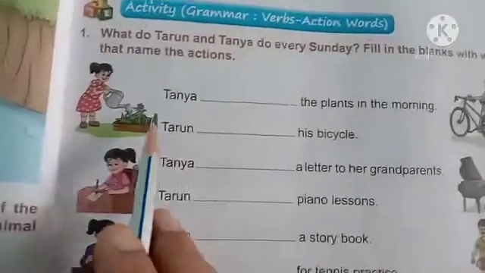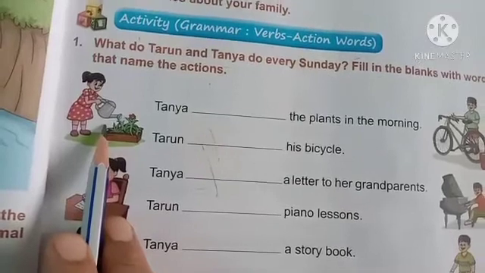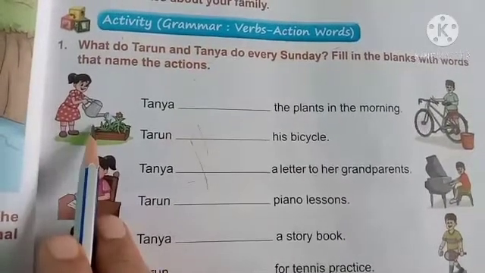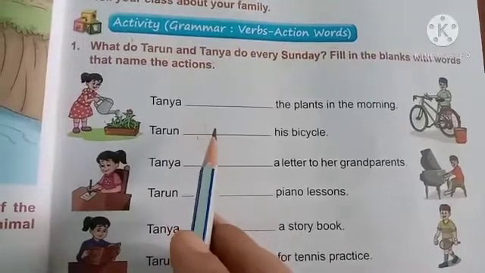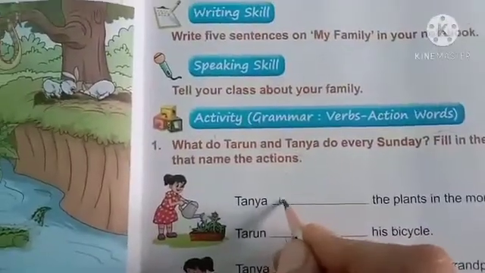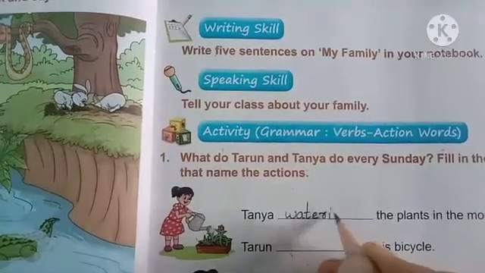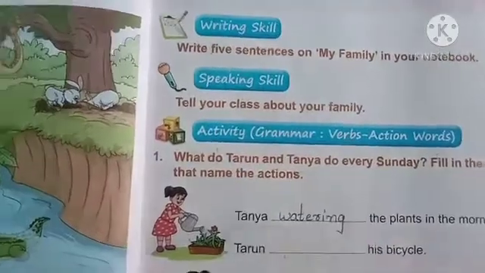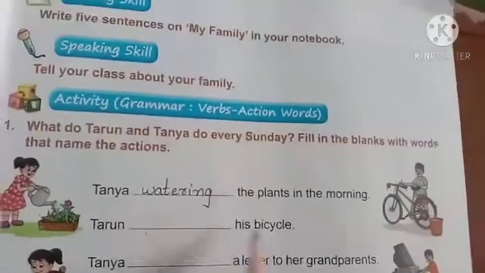First one, Tanya, what is she doing? She is giving water to the plant, no? So for this one, verb is watering. Tanya is watering the plants in the morning. W-A-T-E-R-I-N-G. Watering. Next one. Tarun dash his bicycle.